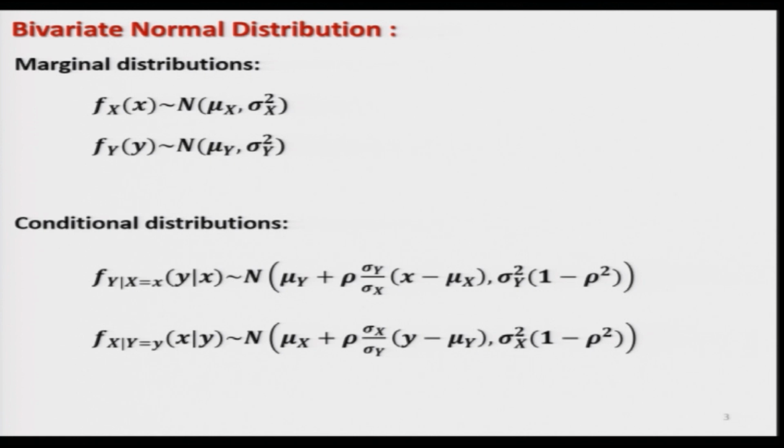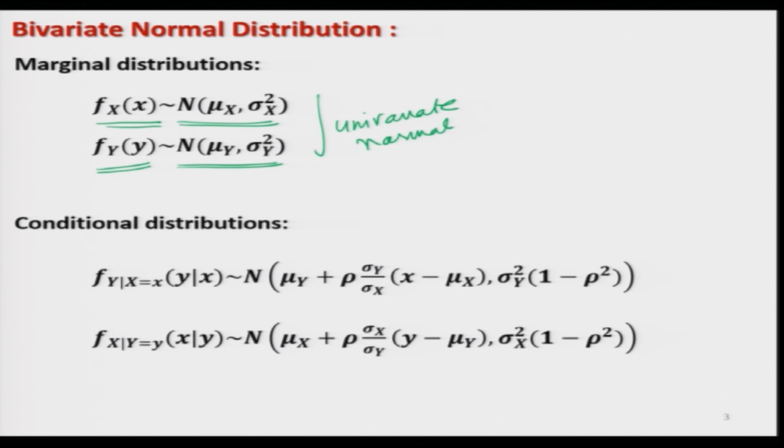In case you try to find out the marginal distribution of x and y, then they are going to be univariate normal, with their respective mean and respective variance. For example, the marginal distribution of x is going to be normal with mean mu x and variance sigma x square, and the marginal of y will be univariate normal with mean mu y and variance sigma y square.